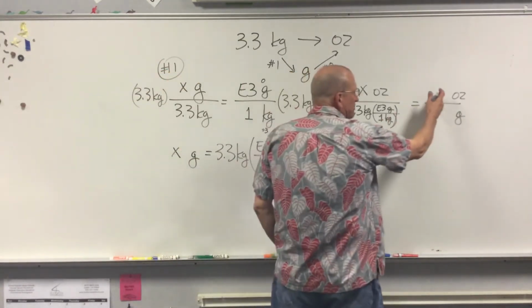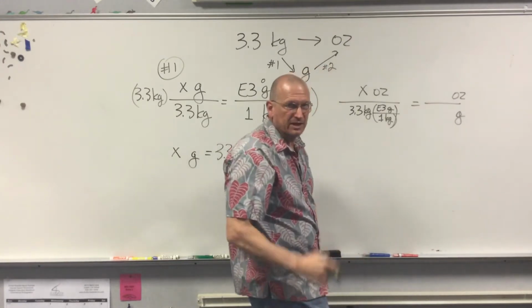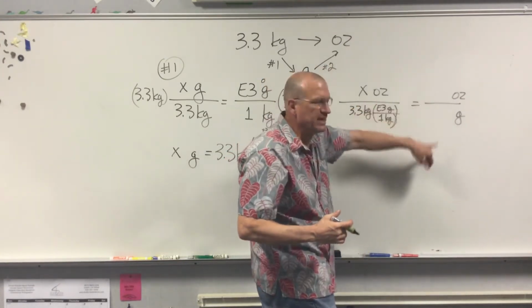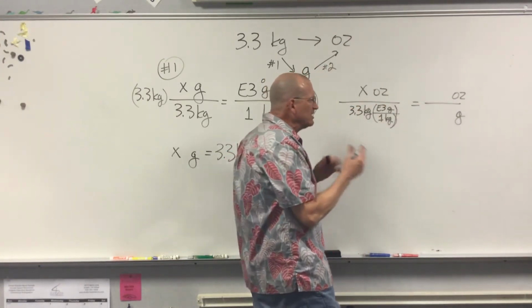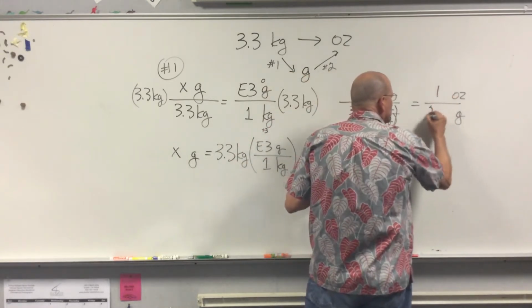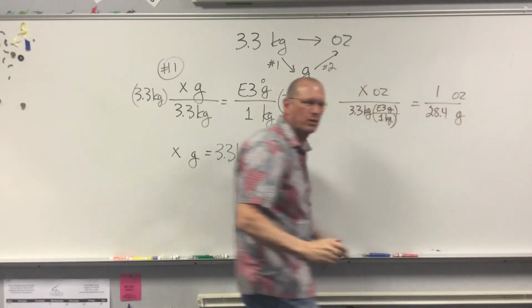Now my relationship here is one of those that I told you you would have to memorize because it's a metric English equivalent. 1 ounce is 28.4 grams.